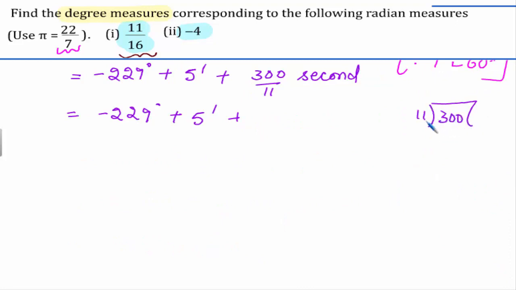Now dividing 300 by 11, we get 11 2s are 22, 8 remainder, so we have 0. 11 7s are 77.